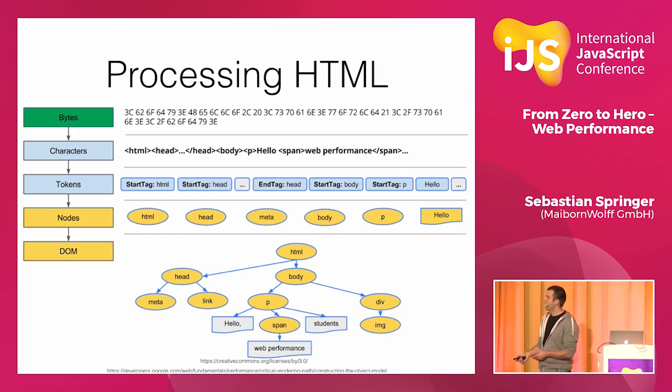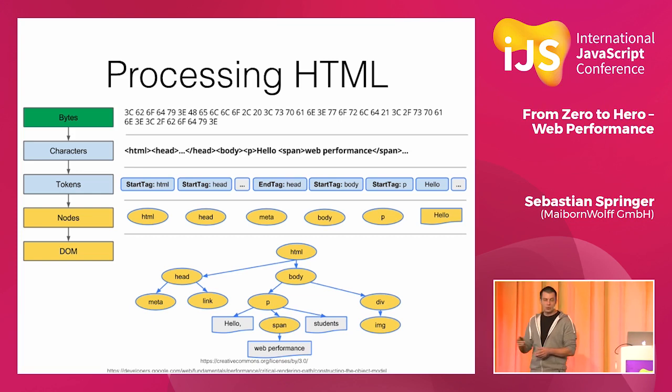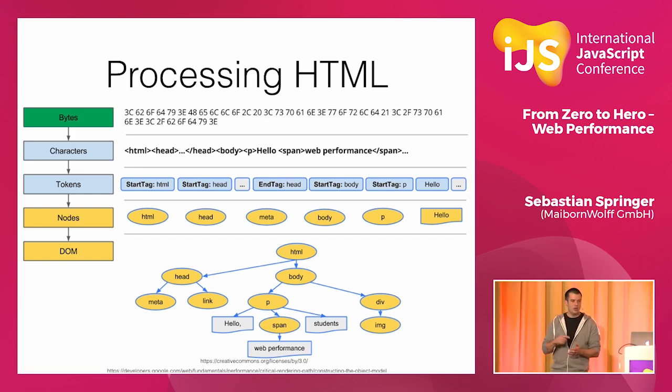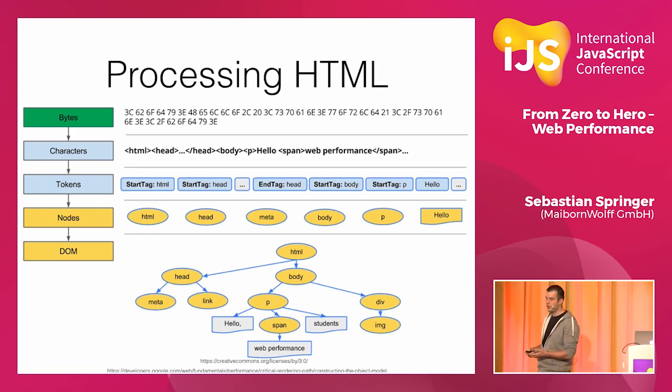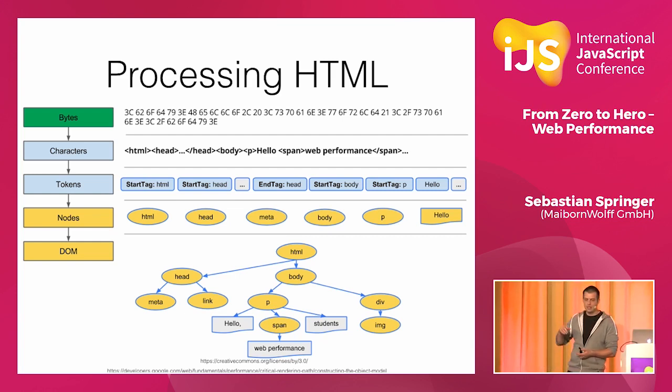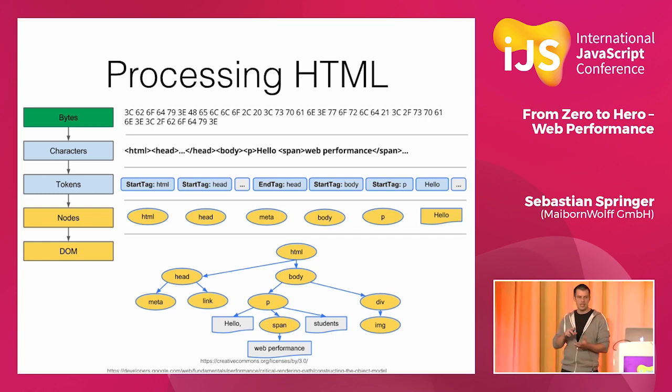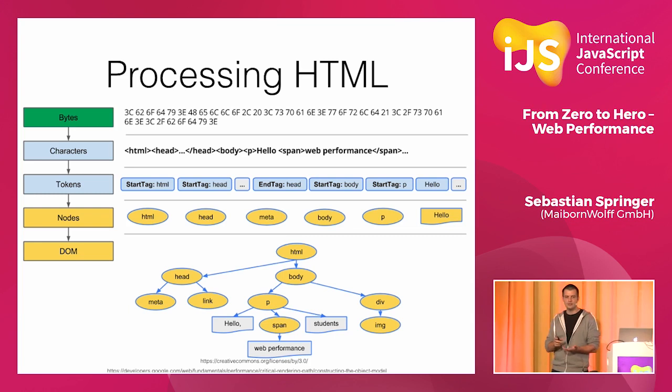Fine. As soon as we have this plain text, our browser interprets this plain text and applies some rules. And these rules are defined by the W3C, and this is the HTML standard. And this character string is transformed into a set of tokens. And these tokens are simply the HTML tags and the content of these tags.